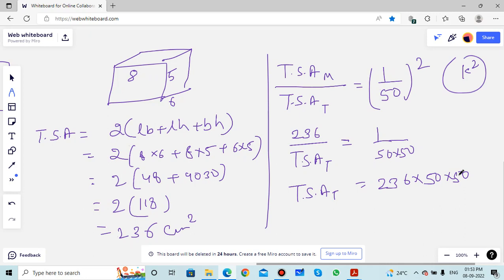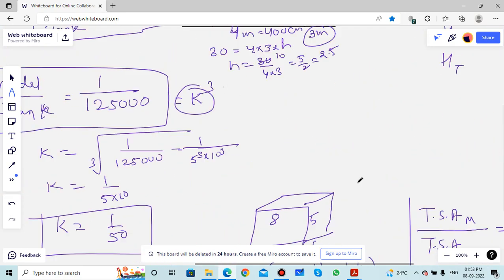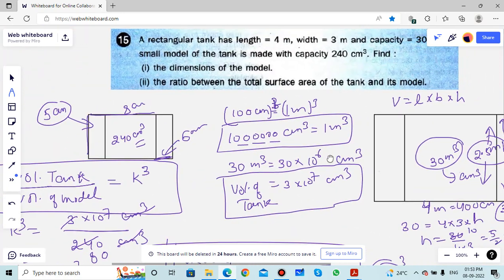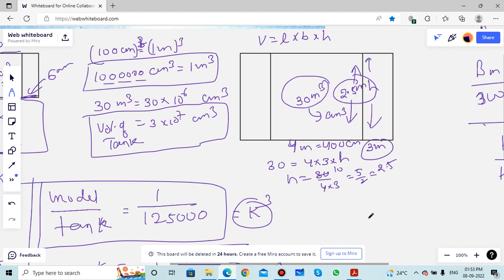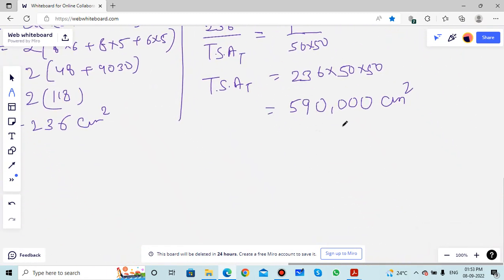236 into 2500 comes as 590,000, and this will be centimeter square. Are they asking in meter square? No, they are not asking for meter square, but we can convert those into meter square also. Remember, 100 centimeter is equal to 1 meter, but 10,000 centimeter square is equal to 1 meter square.